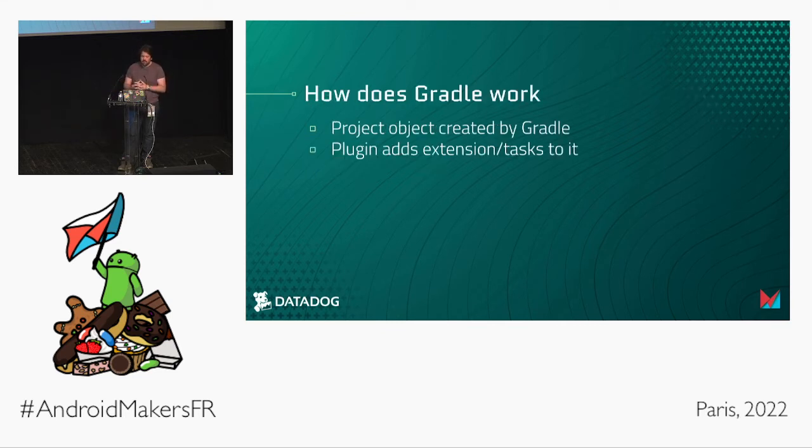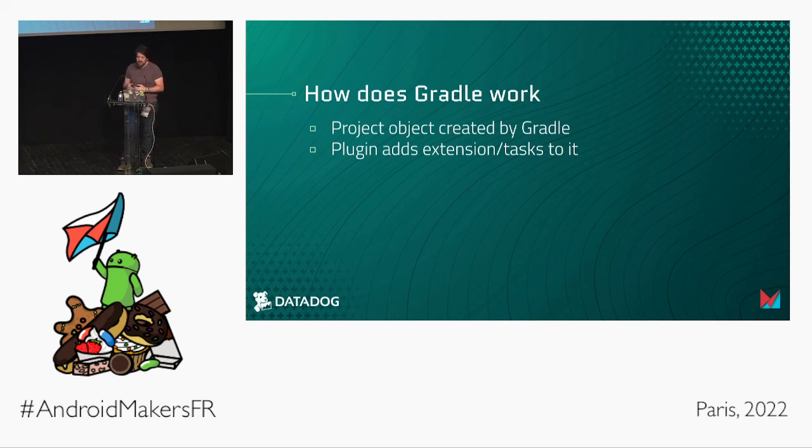So the way Gradle works, when you're calling and you say, oh, I want to run a Gradle test, basically there's going to be a specific JVM that's going to be spawned, or it's going to be reused if you have the daemon, which exists by default. There's going to be an empty project object that's created by Gradle, and then it's going to read all the content of your build.gradle or build.gradle.kts file, and it's going to apply the plugins that are going to add extensions and tasks to it, and then it's going to read all the extensions.